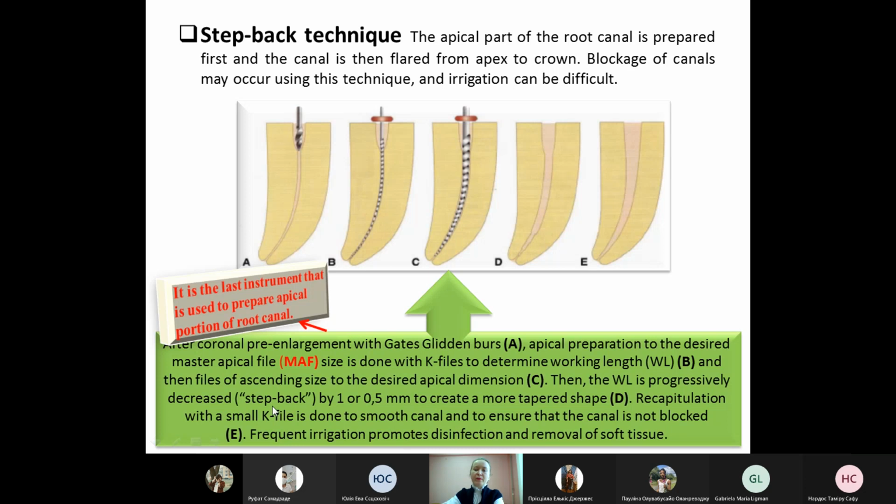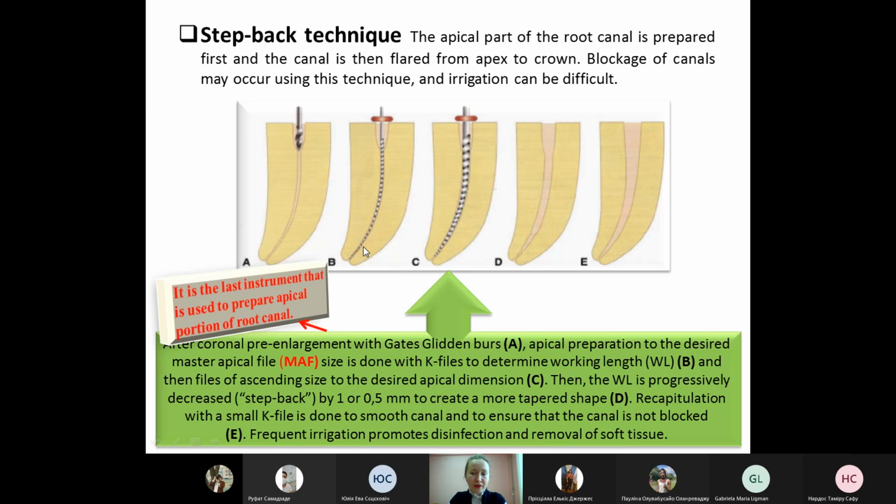After coronal pre-enlargement with Gates-Glidden drills, here you have the smallest size of instrument placed to the apical foramen, and actually this apical part of the root canal is shaped with the master apical file.